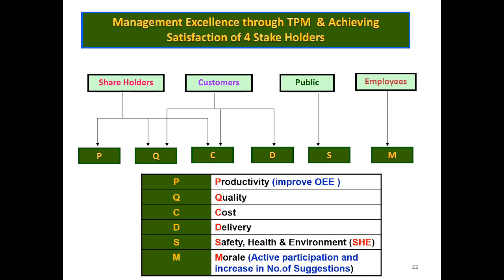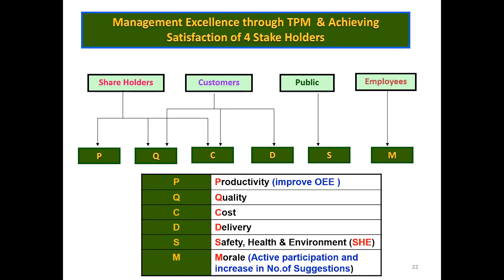Now let's see what is the connection between management excellence through TPM and achieving satisfaction of the four stakeholders. Who are these stakeholders and why are they important? The stakeholders are the shareholders, customers, public, and employees, without whose support we cannot do a smooth business.